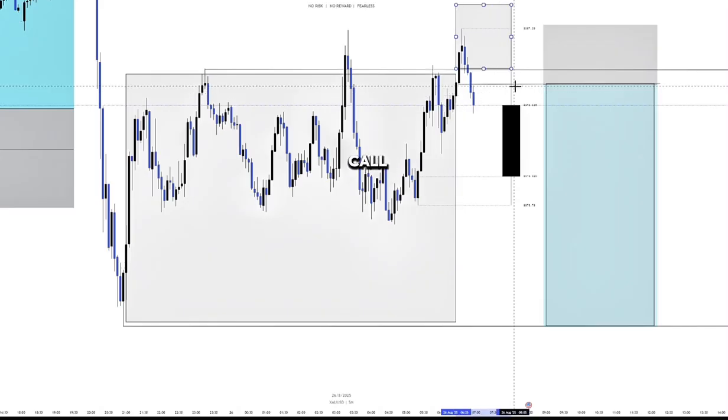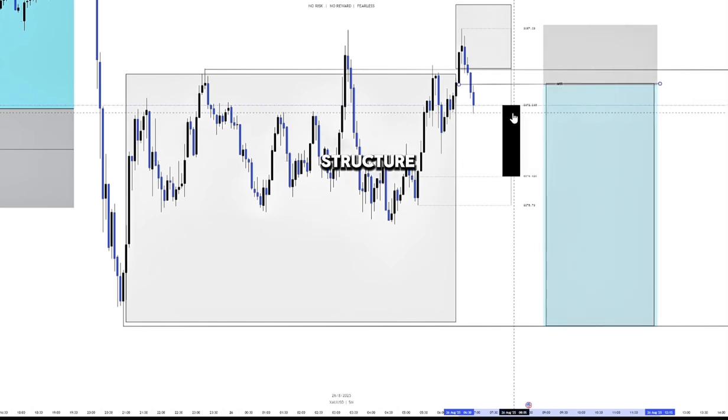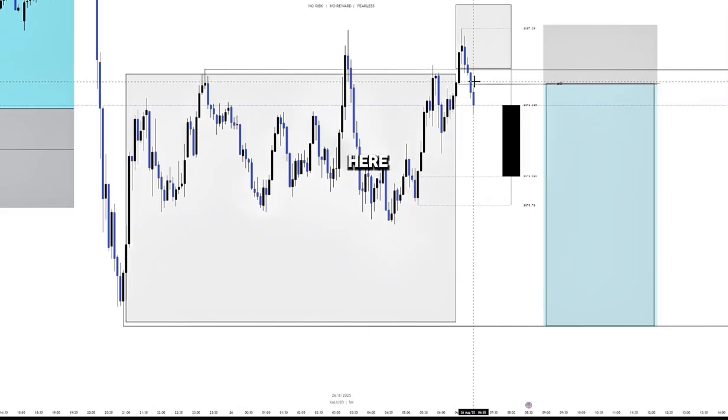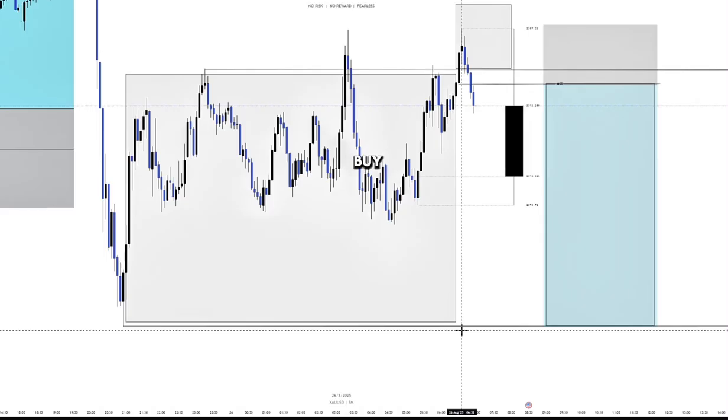So we can call it a market structure shift. The market changed structure to the downside. All right? So in a sense we can put our limit order here. Price tends to use either here or here as resistance. If it breaks here, in a sense, that is what it is, right?